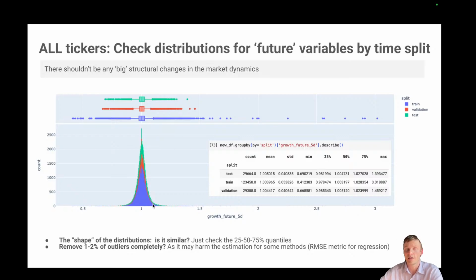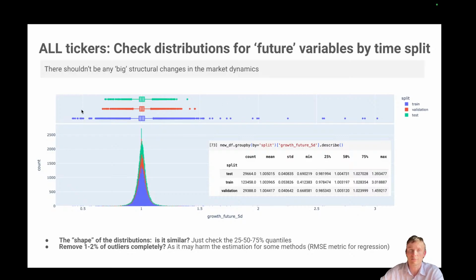And you are actually very cautious about these distributions, because if a test set never saw the growth lower than 0.6 or higher than 1.4, actually it's a test set.